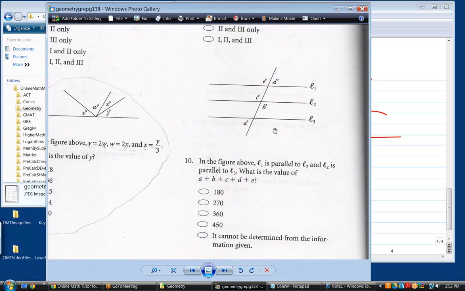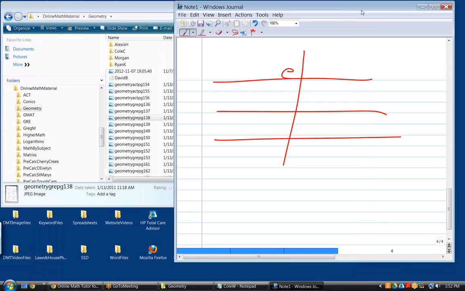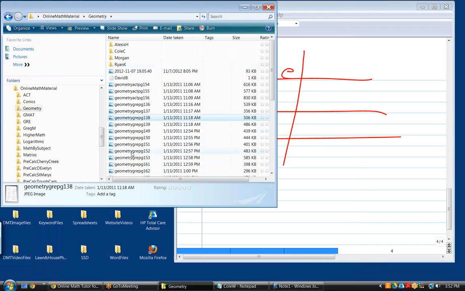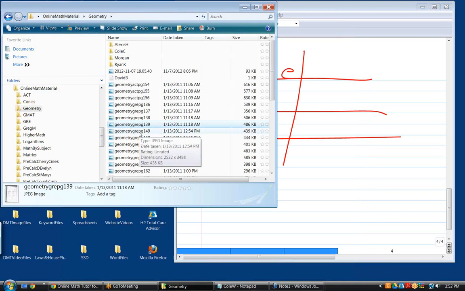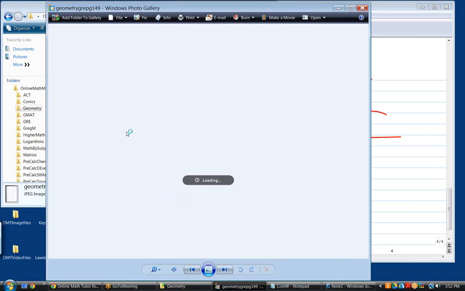All right. 38. Let's see. We want to go next, not advanced. 149.